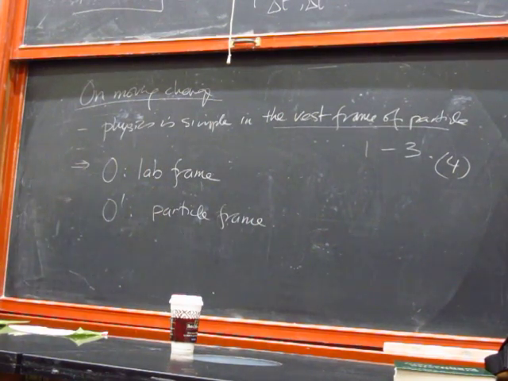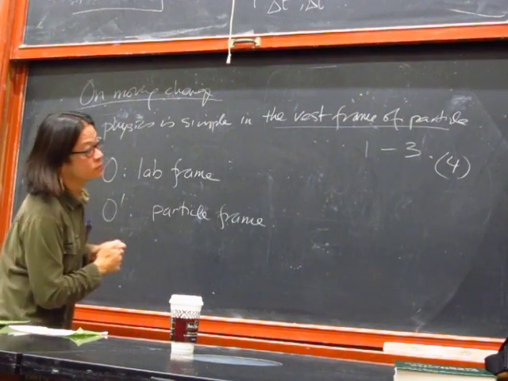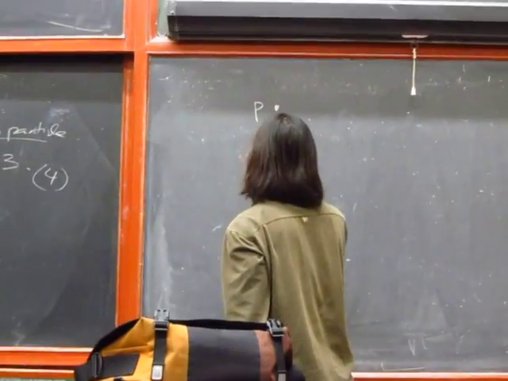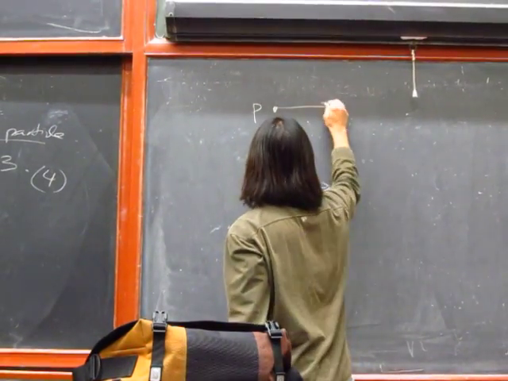So, in particular, the example I want to look into is forces between two moving protons. So I have two protons, one is above the other. They're moving with some velocity v.